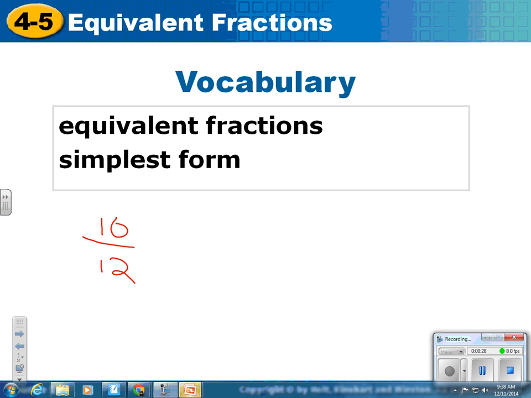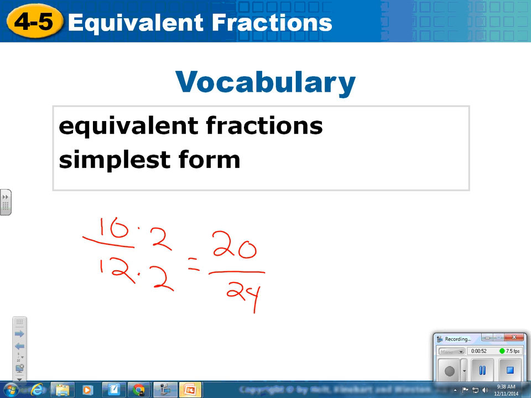We talked about things that go, whatever you do to the top, you do to the bottom. So in order to find an equivalent fraction, all I got to do is multiply the top by 2, multiply the bottom by 2, and I end up with 20/24. That's equivalent. It equals the same.